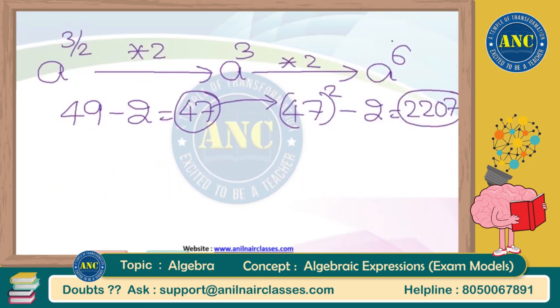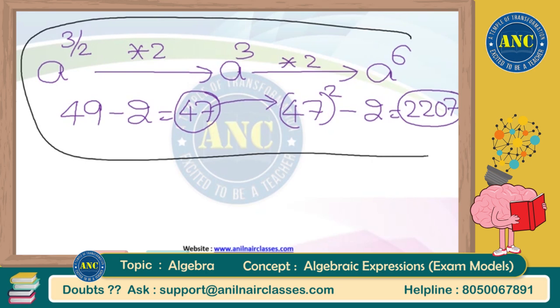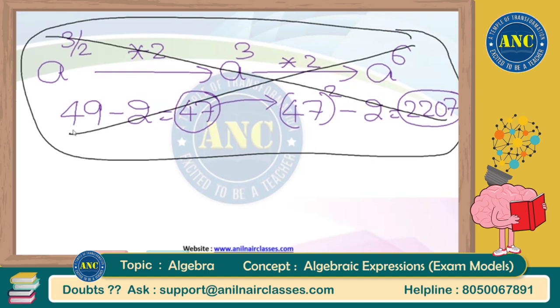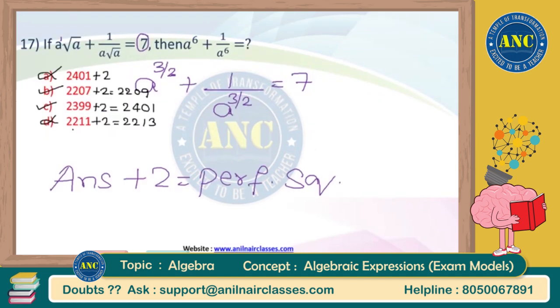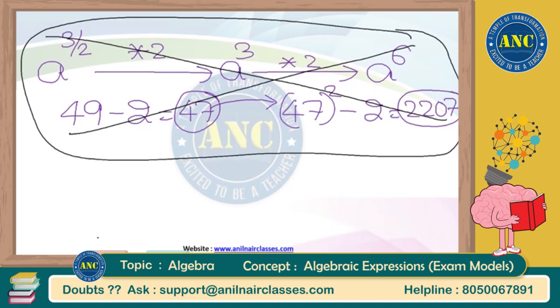That is where you need to do all these calculations, sir. But actually these calculations are not required if there is only one option which is a perfect square, like the 15th and 16th questions which we have solved. Question number 15 and question number 16 have only one such option, so the calculation you are seeing on the screen right now is not required.